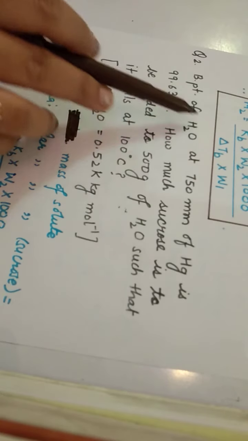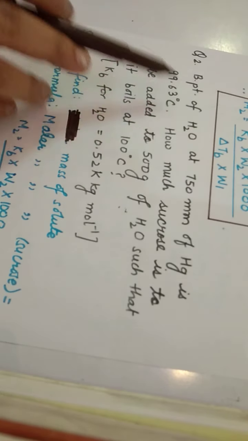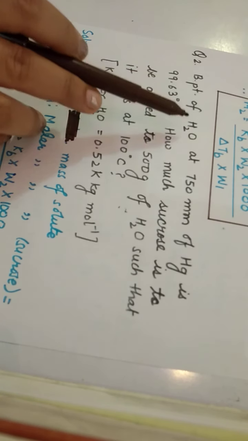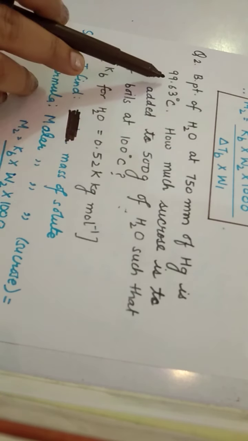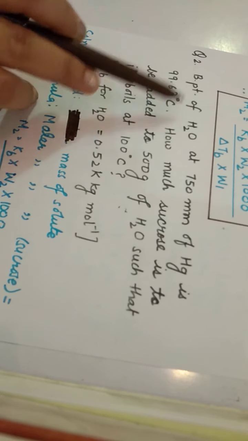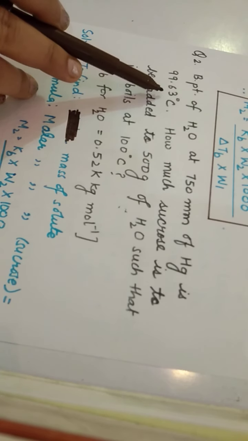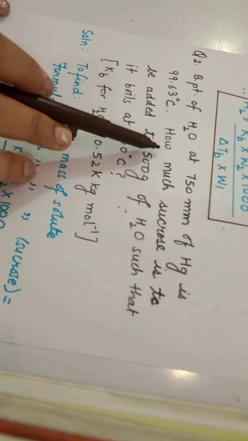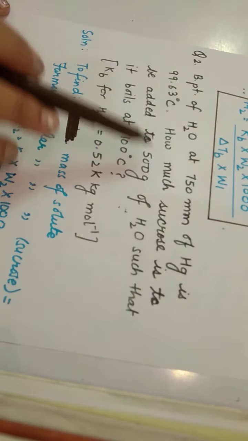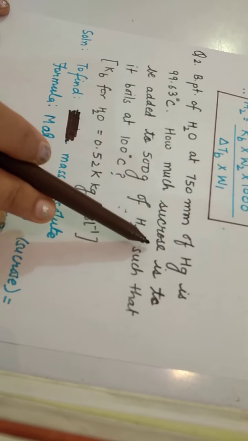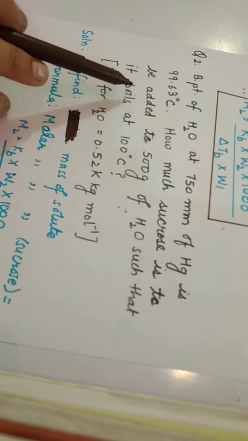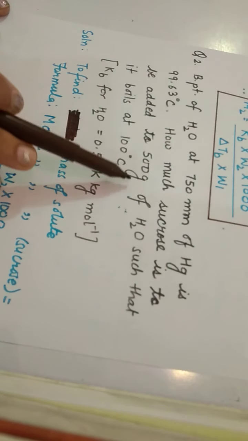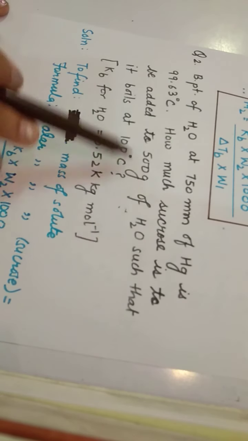It means the solvent is water, and water is a pure solvent, so the boiling point of the pure solvent is 99.63. So Tb naught is equal to 99.63 degrees Celsius. How much sucrose is to be added? It means sucrose is the non-volatile solute which is being added to water. How much sucrose is to be added to 500 gram of water?